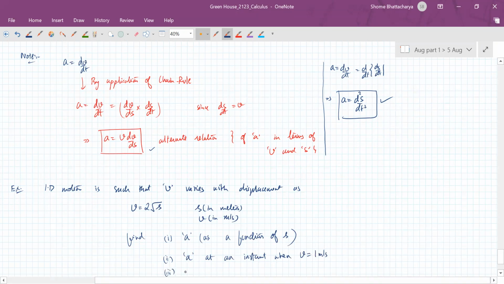And another thing we'll do here is we will also find displacement s as a function of time, which is not related to what I just told you above. That's something else altogether, but we'll see that can also be done from the basic definitions here.